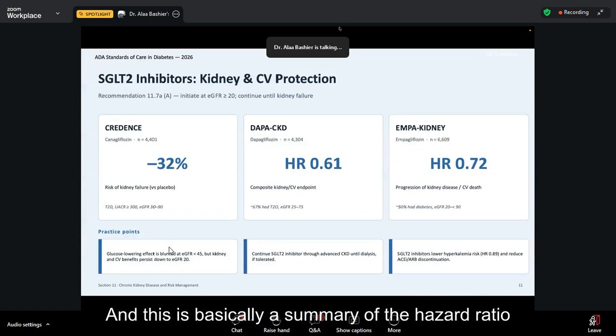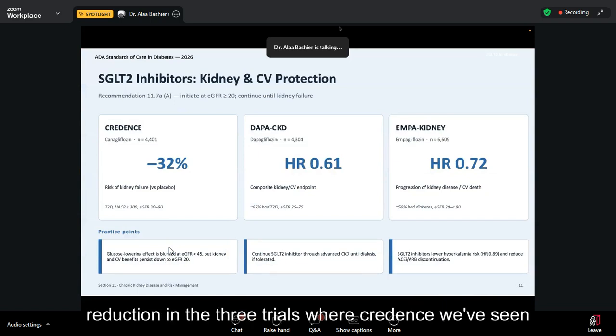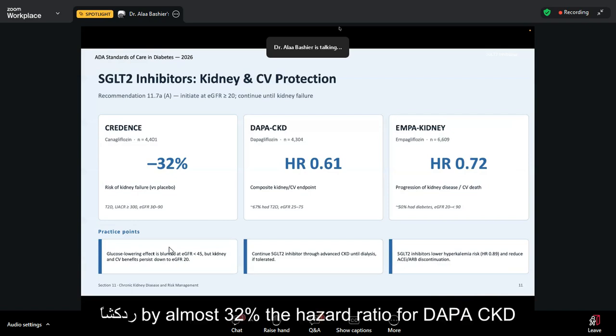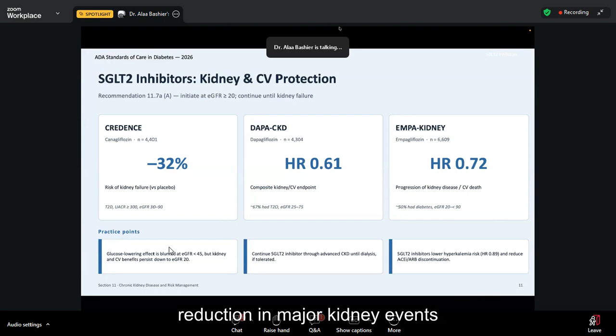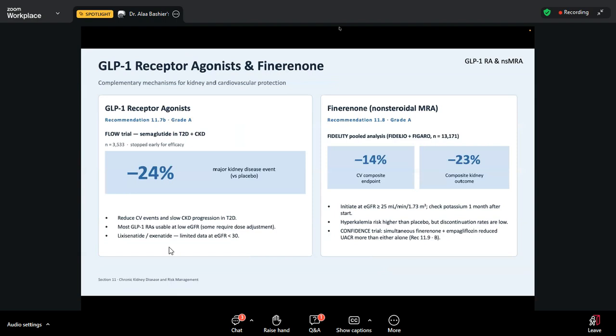This is basically a summary of the hazard ratio reduction in the three trials. In CREDENCE we saw a reduction of almost 32%. The hazard ratio for DAPA-CKD was 0.61, that's a 39% reduction. And in EMPA-KIDNEY, we had around a 28% reduction in major kidney events.